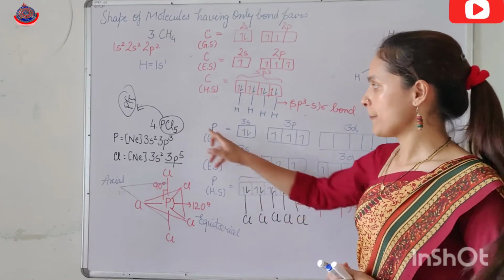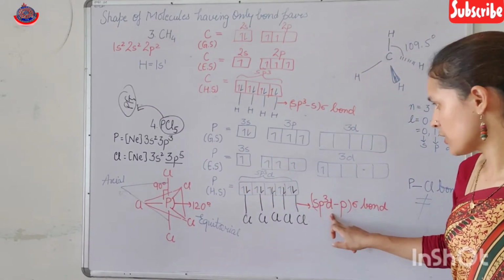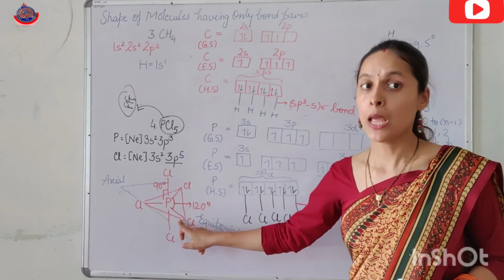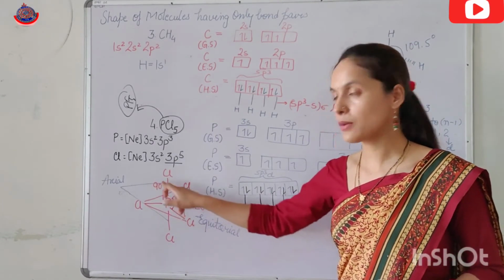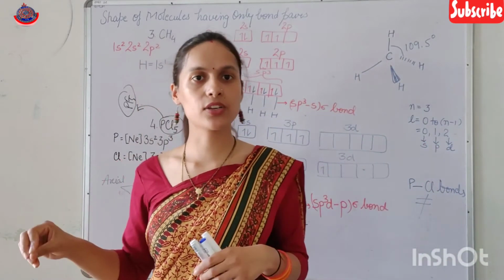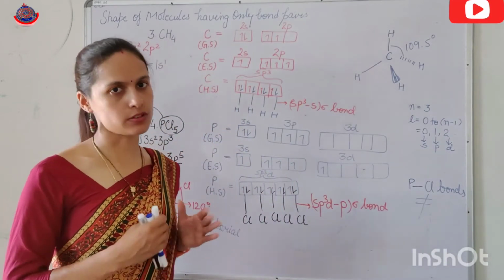Clear? So PCl5, this is the hybridization, and on the basis of the hybridization, the shape is trigonal bipyramidal, but due to the difference in the bond angle, the bond length of the axial and the equatorial PCl is different. Now we will study the next molecule.